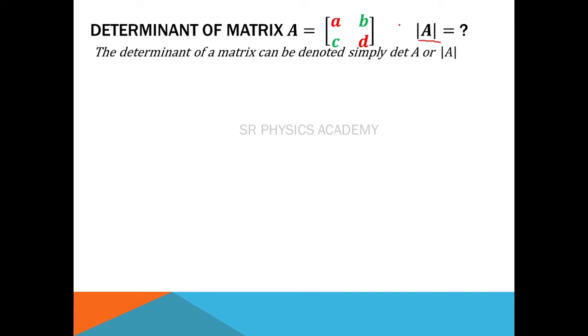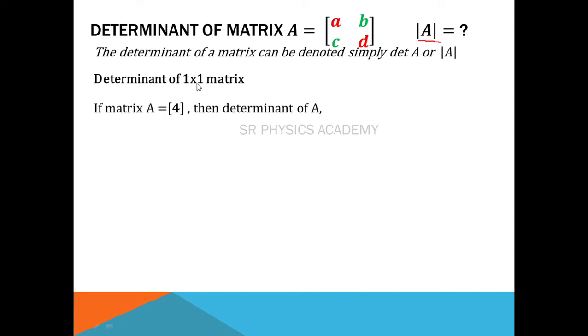Let us now study the determinant of a 1 by 1 matrix. A 1 by 1 matrix means one row and only one column. So how to find the determinant of a 1 by 1 matrix?